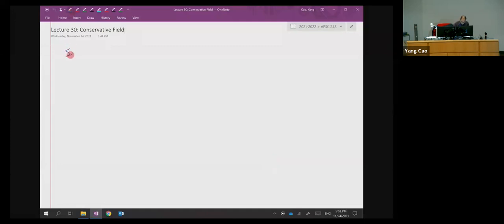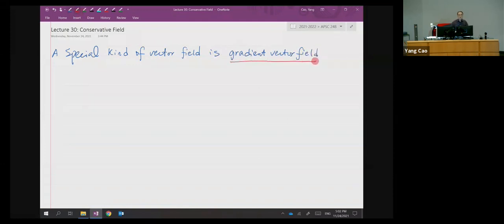First of all, you need to understand that a conservative field is a special kind of vector field. Why is it special? Because this type of field is technically a gradient vector field.